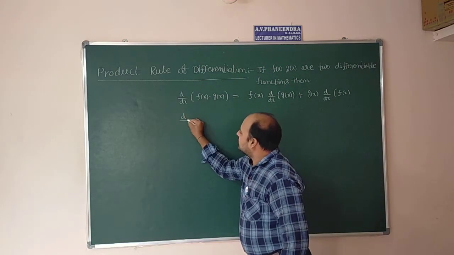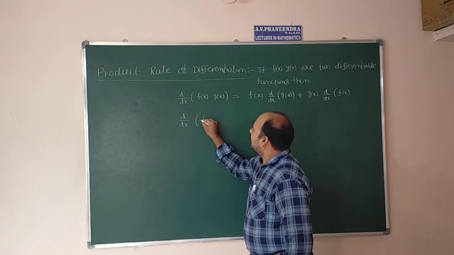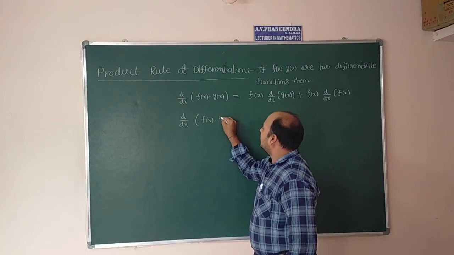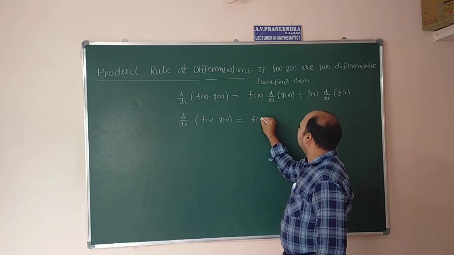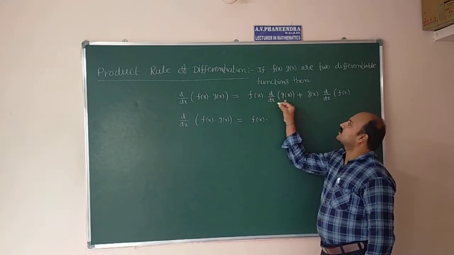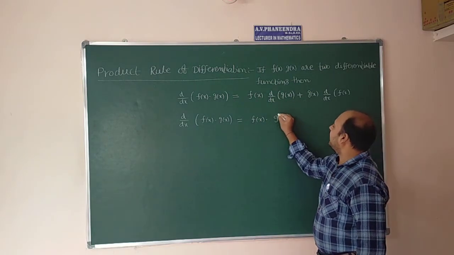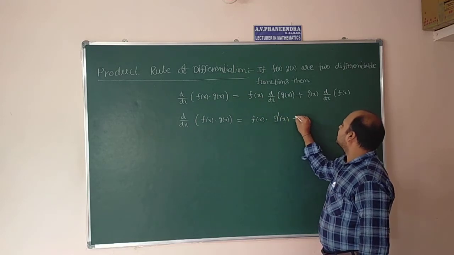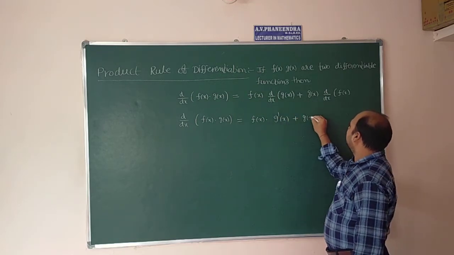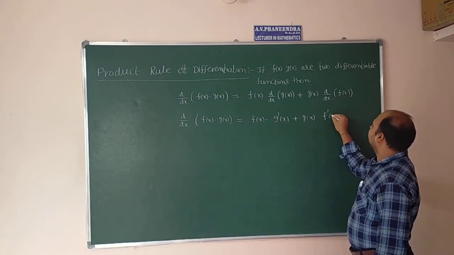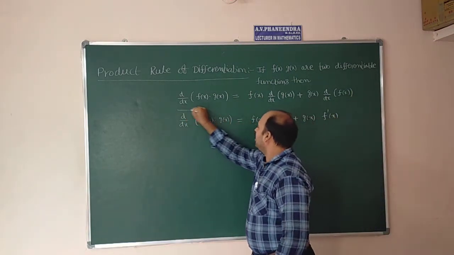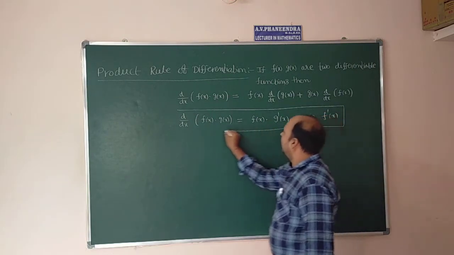So d by dx of f of x into g of x can be written as f of x into d by dx of g of x, which is g dash of x, plus g of x into d by dx of f of x, which is f dash of x. You remember, this is a very important formula.